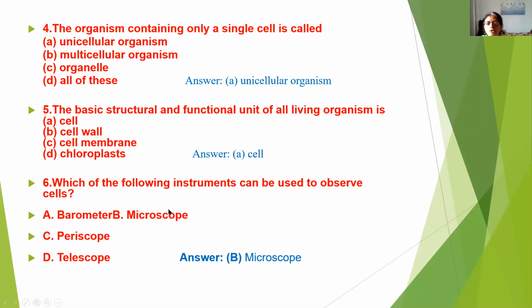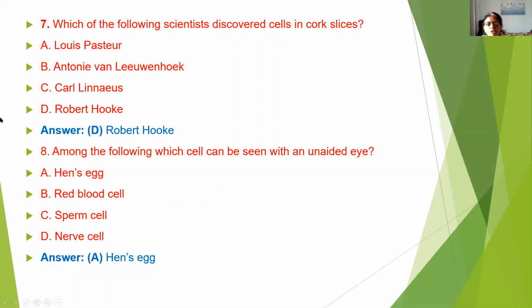Which of the following instruments can be used to observe cells? Barometer, microscope, periscope, telescope. So which instrument is used to observe cells? Microscope. And which of the following scientists discovered cells in cork slices? Robert Hooke. So Robert Hooke discovered cells by observing cork cells, that is nothing but the bark of the tree.